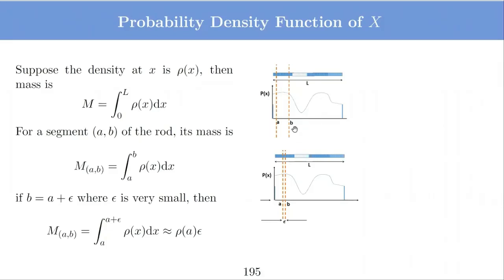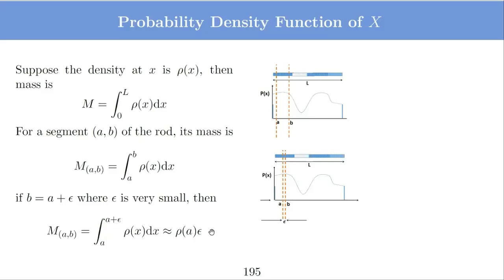If your interval A comma B is very small, like suppose B is equal to A plus epsilon and epsilon is very small, then this is the integration of rho x dx from A to A plus epsilon, and because it is very small, rho x can be taken as constant, equal to rho A or rho B. So it will be given by rho A into epsilon.